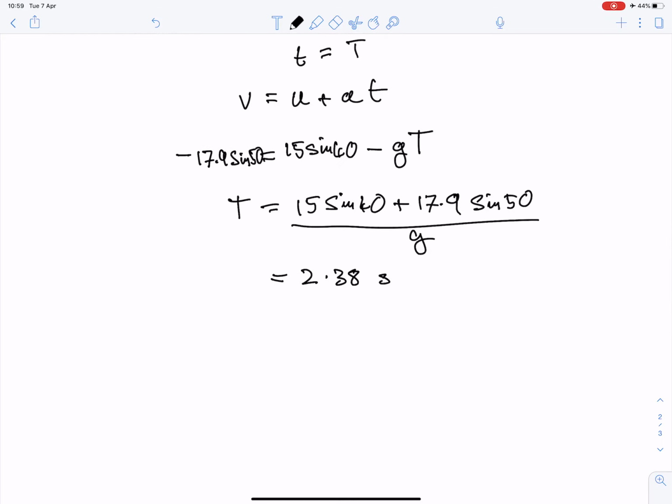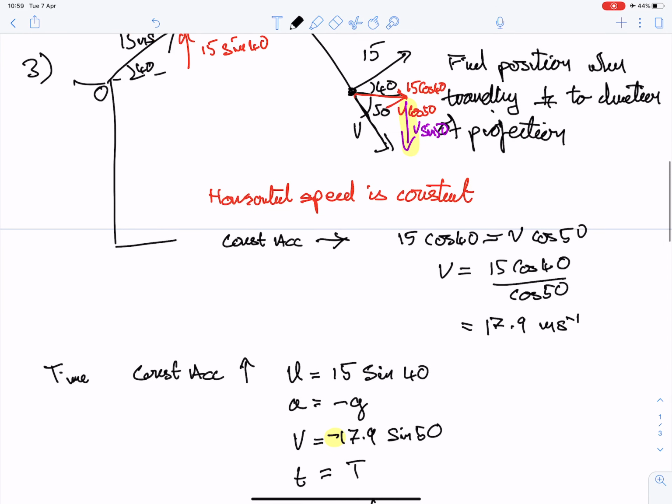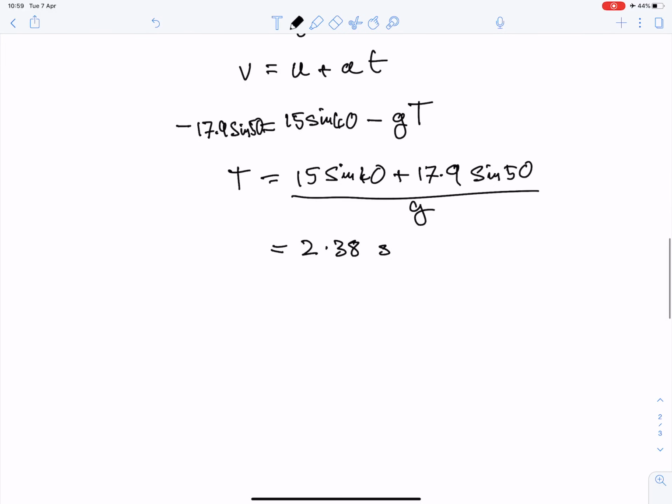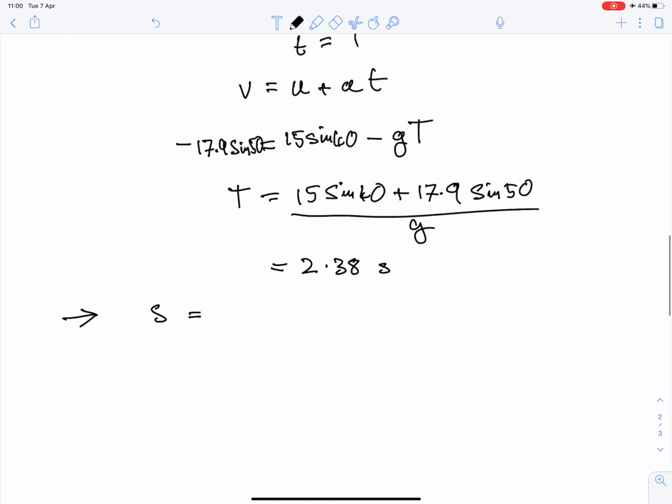Okay, so we're now trying to find the coordinate, the position relative to O. So we're now going to have to think about, first of all, the horizontal motion. Well, its position is equal to its horizontal speed times the time.